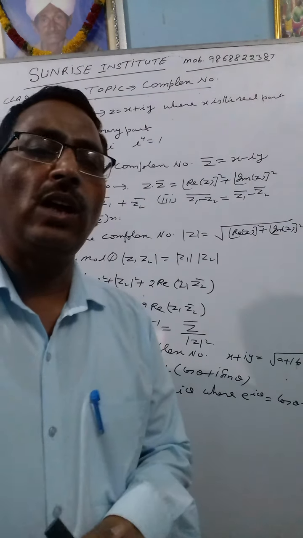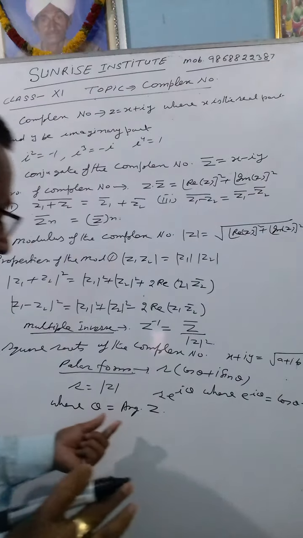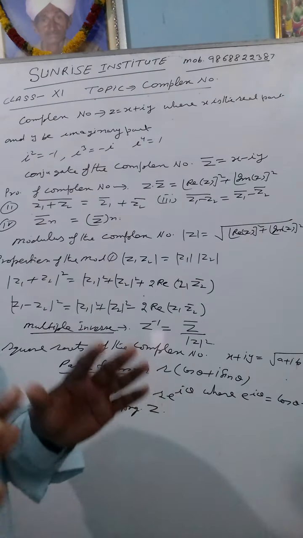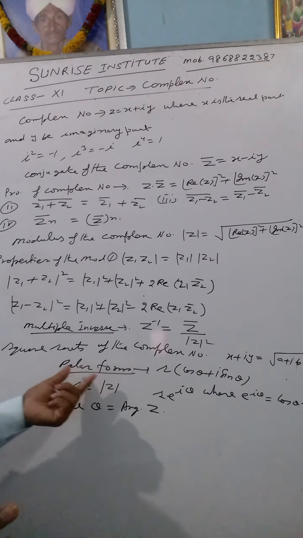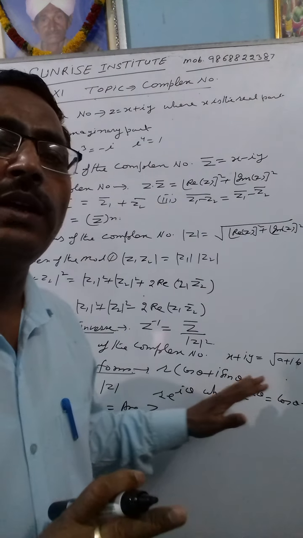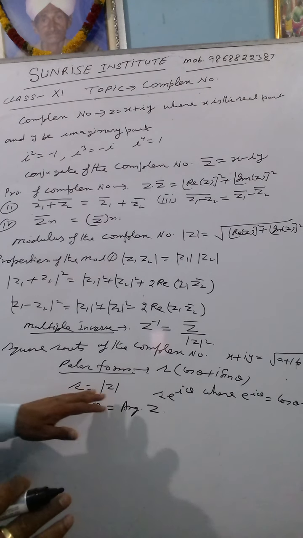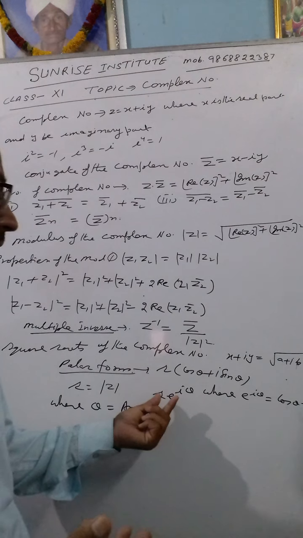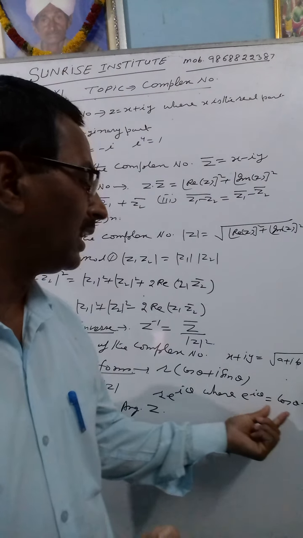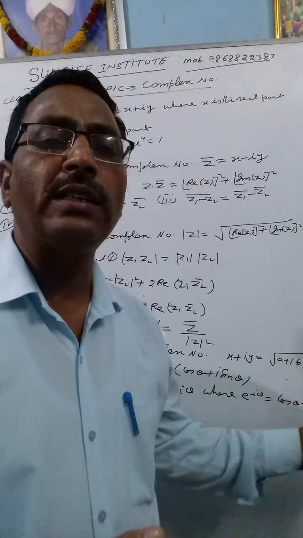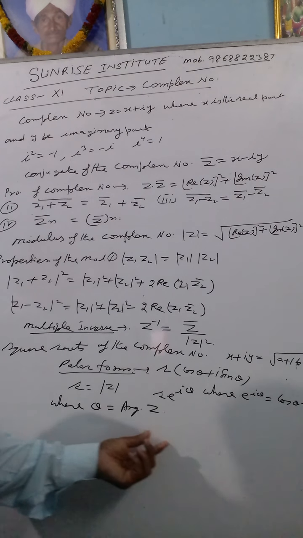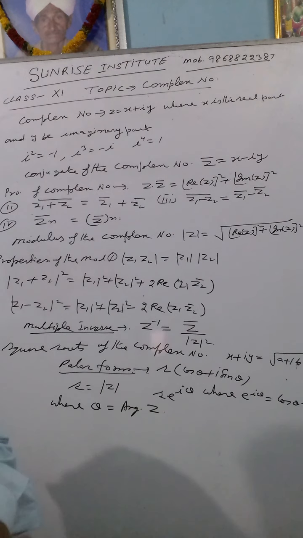Now I repeat again: polar form r cos theta plus I sin theta, where r equals mod z, and the short form is r e to the I theta, where e to the I theta equals cos theta plus I sin theta. Okay students, where theta equals argument of z.